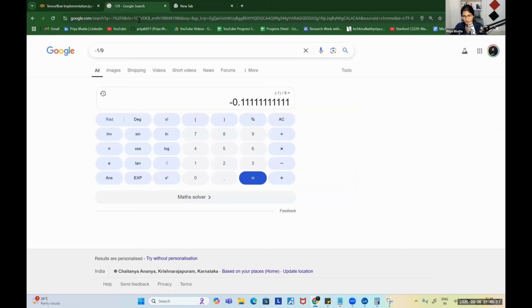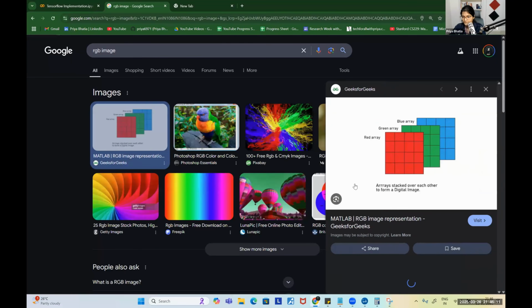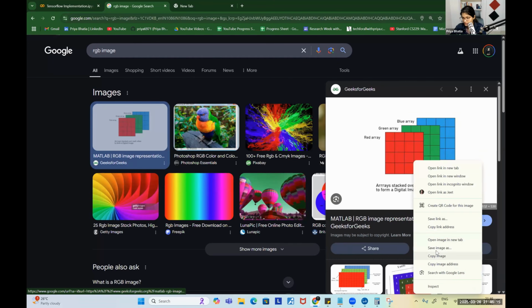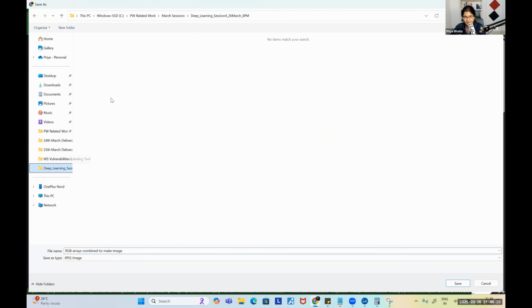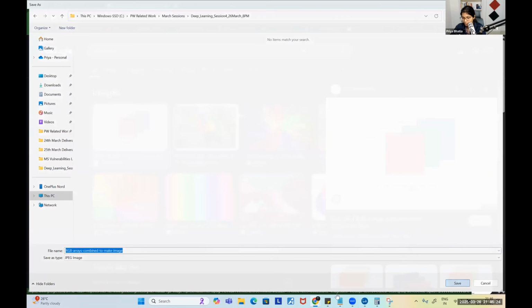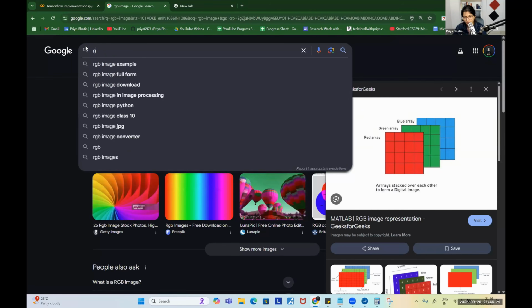So if I'll just showcase you with a pictorial representation, an RGB image. This is a kind of 3 channels which I'm talking about. Let me save this image for your better clarity. Let me take the example of a grayscale image as well.